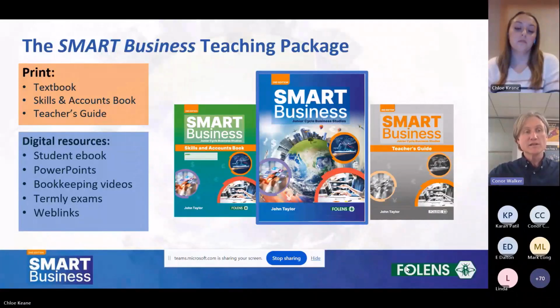On the print side, we've got the textbook, a skills and accounts book for students to practice their skills and accounting skills, and a teacher's guide, which includes a full range of planning resources for teachers planning their way through the 3 years. On the digital side, we've got a comprehensive set of resources such as the ebook, a whole range of PowerPoints, bookkeeping videos, termly exams, and web links that you can incorporate into your classroom teaching.